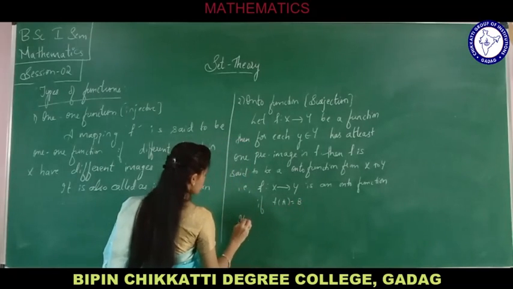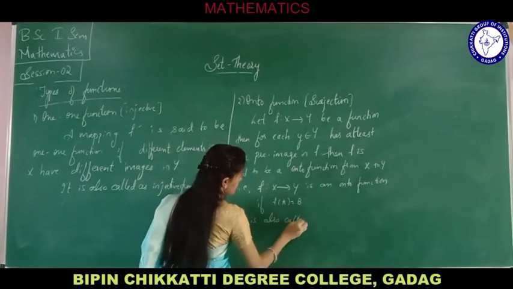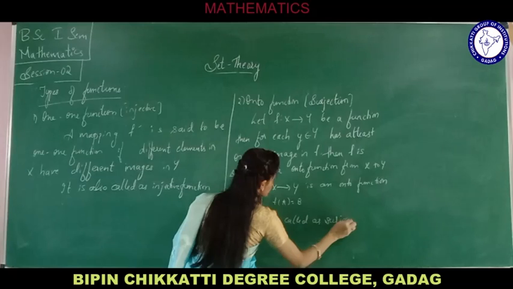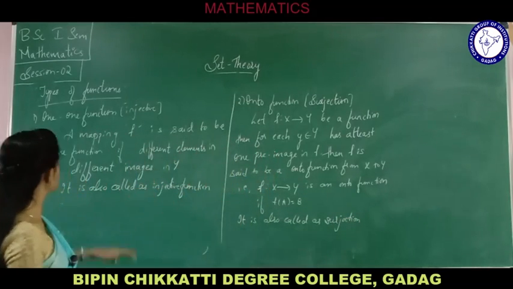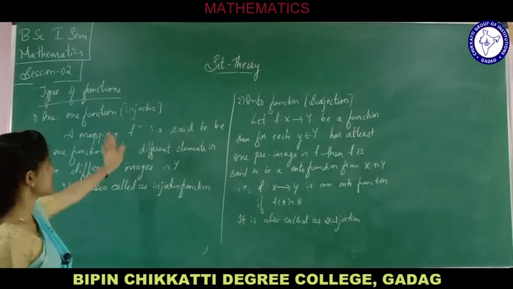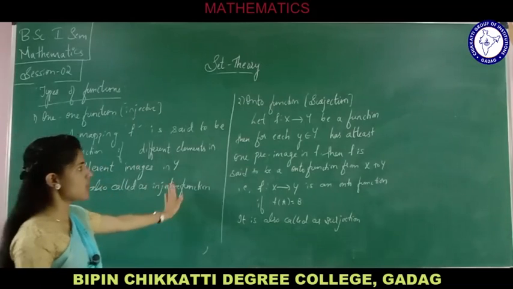It is also called a surjection. For a function to be 1-1, it should be a mapping such that different elements in x have different images in y. This is a 1-1 function, injection, or injective function.